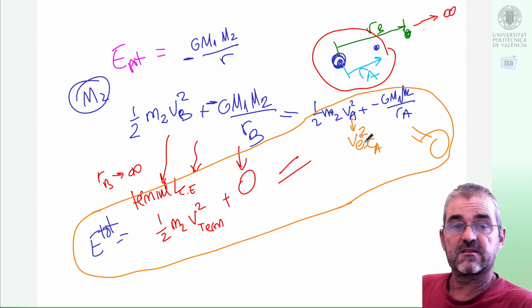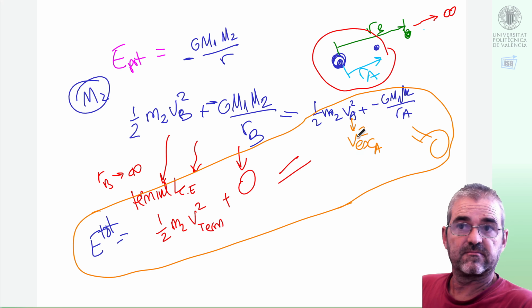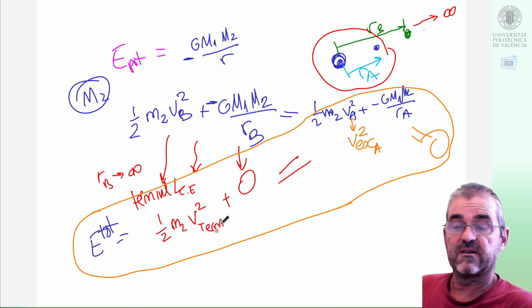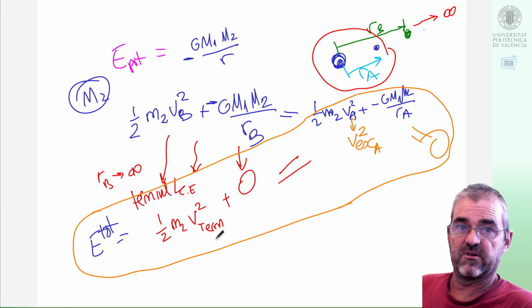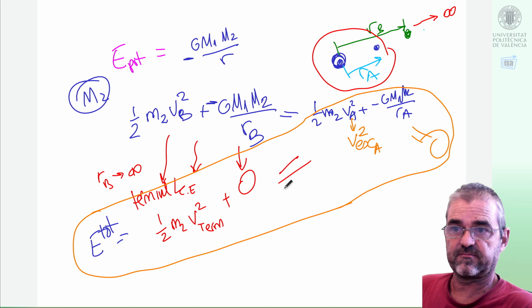And if its initial speed at position A is strictly larger than the escape velocity, then when it is very, very far away, it will have a finite non-zero velocity to keep on exploring the universe.